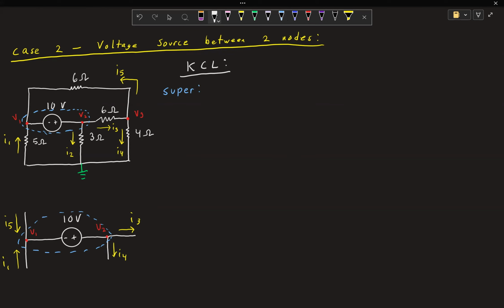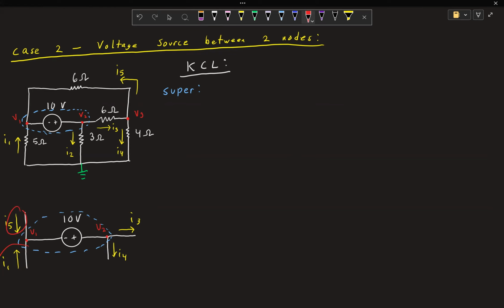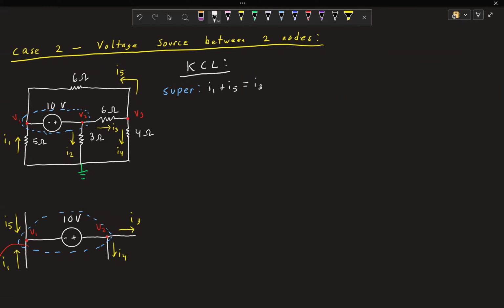And as you can see, right here we have an I1 going in, an I5 going in, and then both I3 and I4 are leaving. So our supernode KCL is just going to be I1 plus I5 equals I3 plus I4.